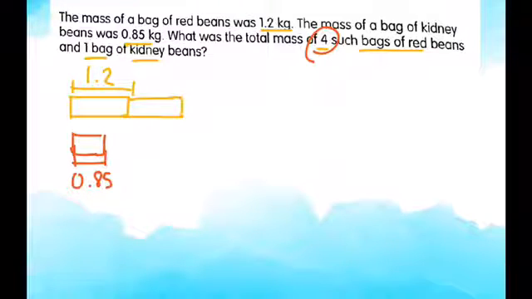So we have 1, 2, 3, 4 units. On the other hand, since we only have 1 bag of kidney beans, we won't need to repeat the unit for 0.85. So step 3. What do we need to find in the given word problem? We're looking for the total mass of 4 such bags of red beans and 1 bag of kidney beans. So we need to put together all of the units.